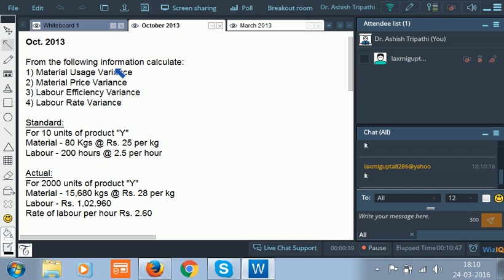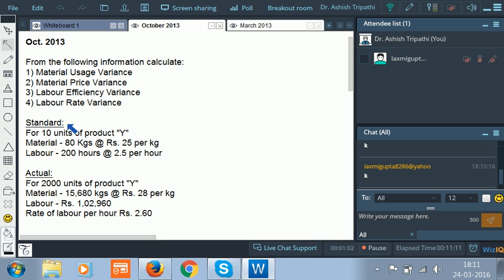From the following information, calculate first material usage variance, second material price variance, third labor efficiency variance, fourth labor rate variance. So these are the four things which we will have to calculate.